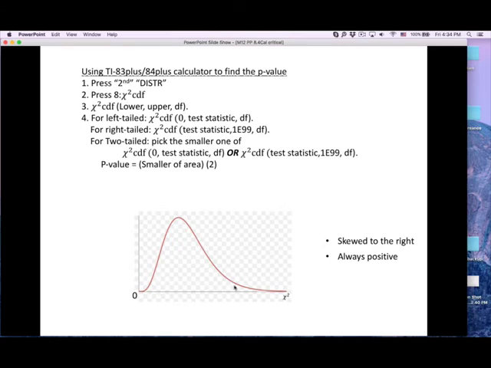I assume it is on the left and find the area from 0 to the test statistic. Then I try it on the right tail, from the test statistic to 1e99. I pick the smaller one and multiply by 2 because it is a two-tail test.